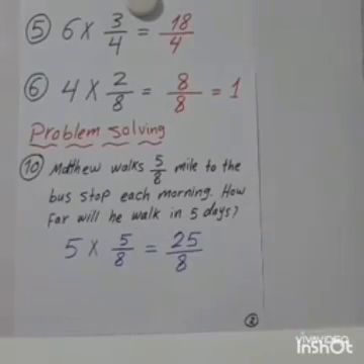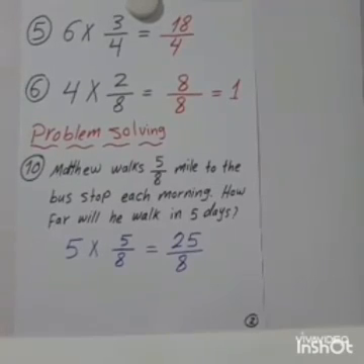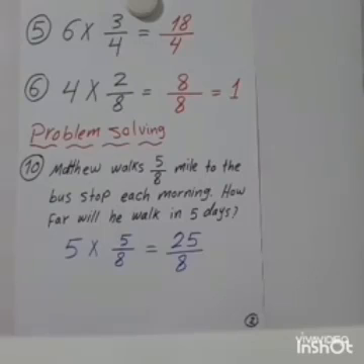Let's see question number 5. We have 6 times 3/4. I told you we can imagine that the denominator for 6 is 1. So I will take the numerators together, 6 times 3, and the 4 the same. So 6 times 3 equals 18, and I'll put the denominator 4. So easy.